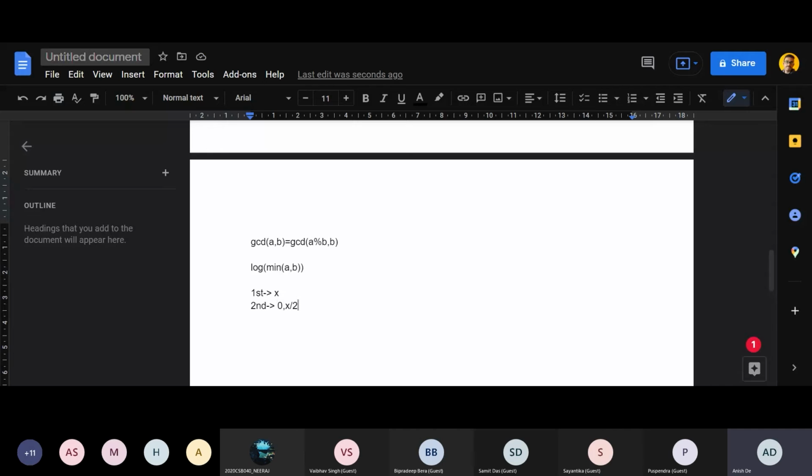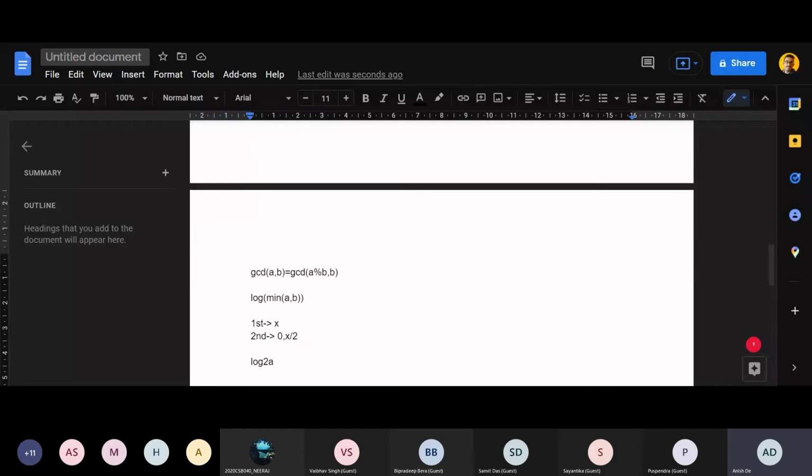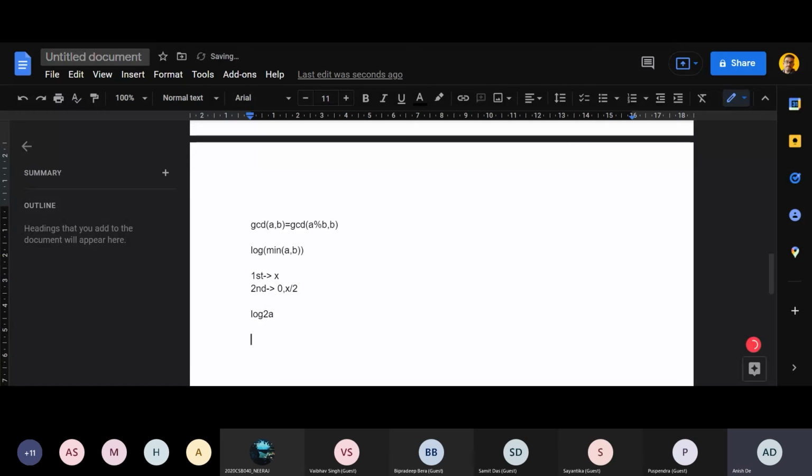So the number of iterations it will take to come down to 0 will be log base 2 of a. Since here we have considered a as the one we are taking, if b was the one, we would have taken b instead of a. So the time complexity is log base 2 of a comma b. Is this clear?